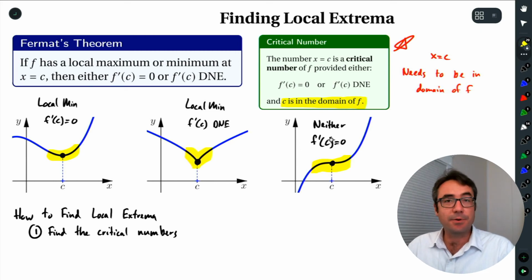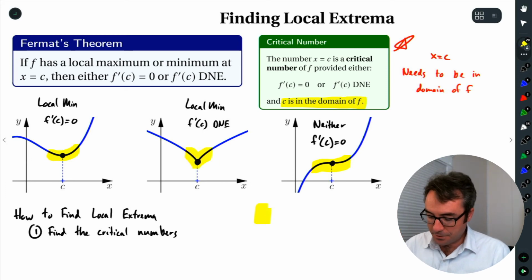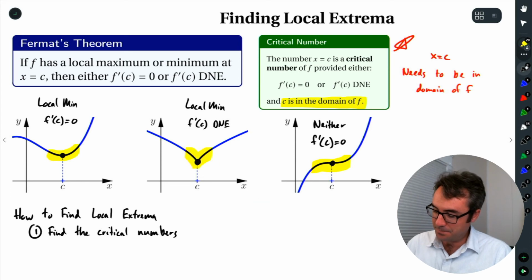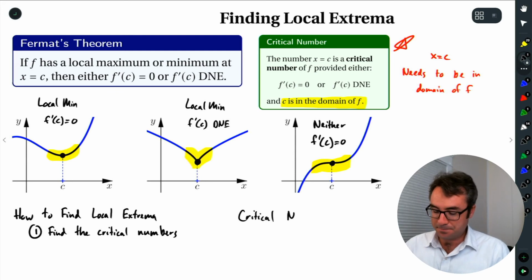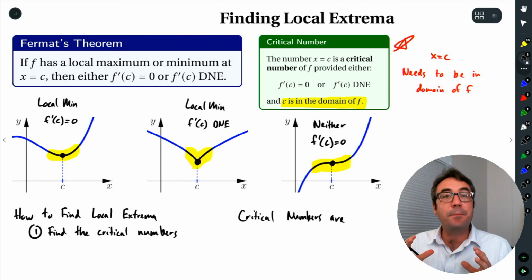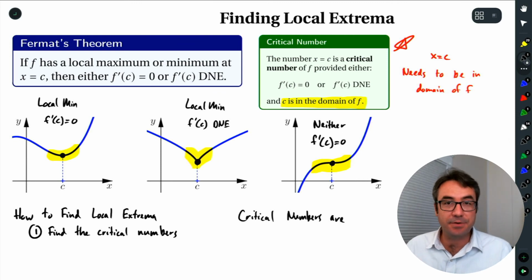But it is a critical number. This would be a critical number because apparently x equals c is in the domain of our function and the derivative is 0 there. So these critical numbers, it's not the end of the story. The critical numbers are only possible locations of extreme points.